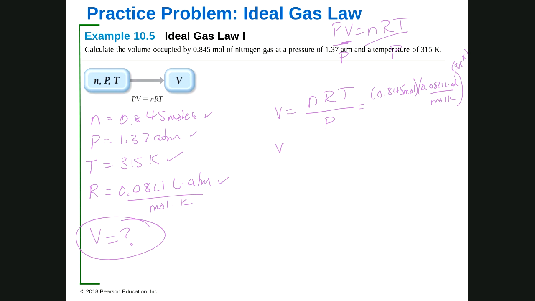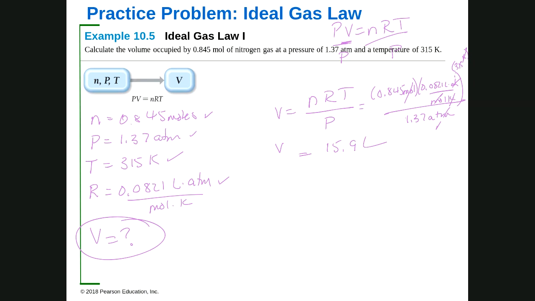And so then, the pressure was 1.37 atmospheres. So V is going to be 15.9 liters because I have moles, moles, atmospheres, atmospheres, K and K. So I'm only left with liters.